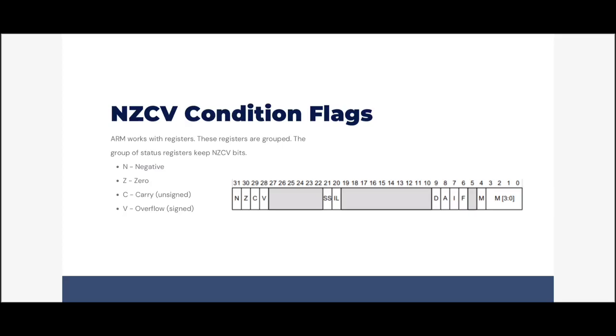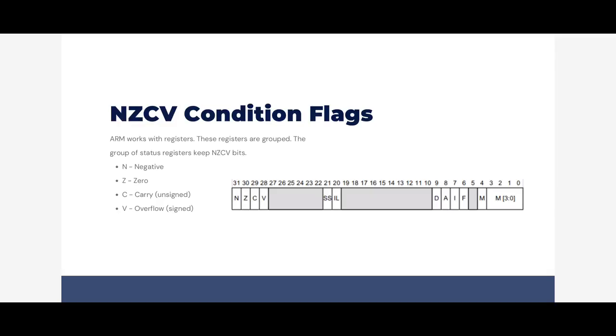But what does NZCV stand for? In this case, N means negative, Z means zero, C means carry, but it's for the unsigned group of numbers, and V means overflow for the signed group of numbers, as we know. The importance of NZCV is related to the arithmetic operations on the CPU.